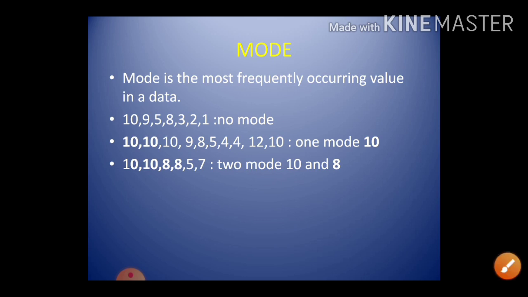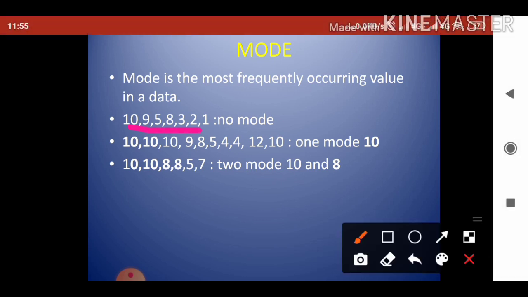In the first data given, 10, 9, 5, 8, 3, 2, 1, there is no mode because no number is frequently occurring. In the second data given, 10, 10, 10, 9, 8, 5, 4, 4, 12, 10.